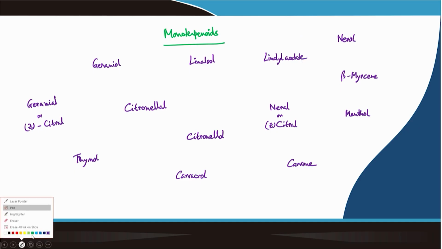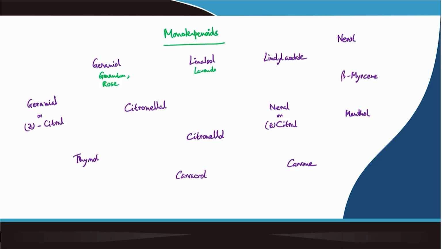Now, names of the plants. For example, geraniol is found in geranium oil, geranium species. You will also find it in rose. Linalool you will find in lavender, in jasmine, even in tea, and also in coriander.